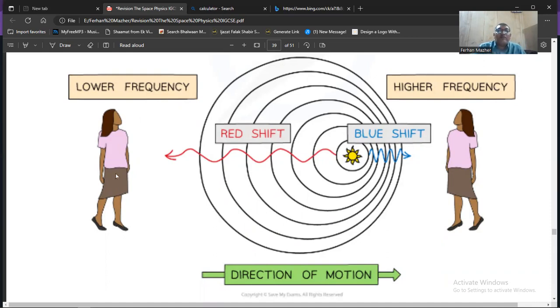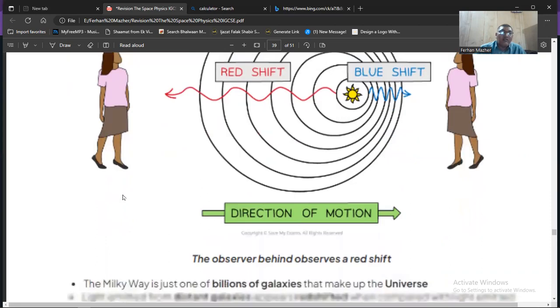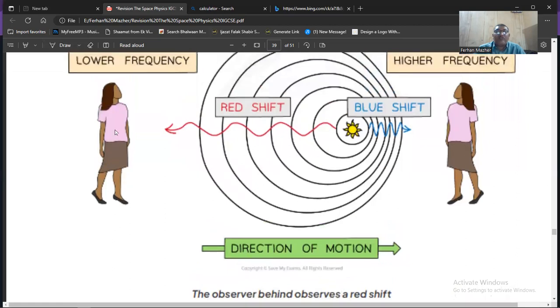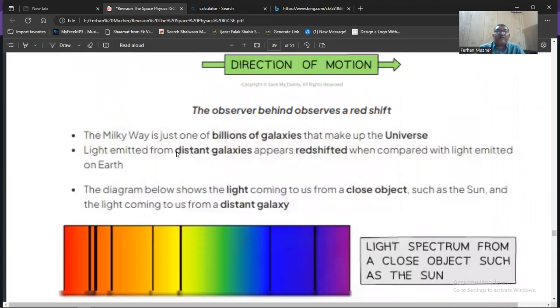So it will be observing low frequency. This person will be observing higher frequency waves because the source of the waves is moving towards this observer. The observer behind observes a redshift. This person will observe a blue shift.